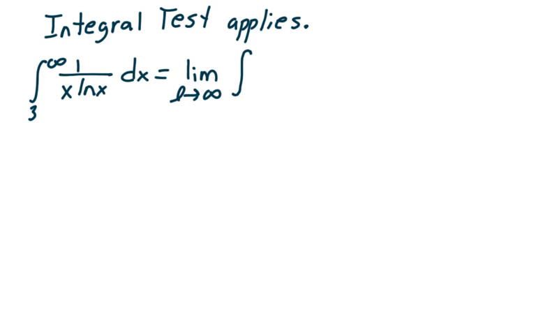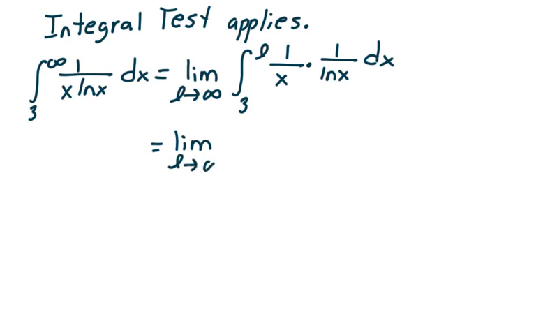So I'm going to look at the limit as L goes to infinity of the integral from 3 to L of 1 over x times 1 over natural log of x dx. But this is the limit as L goes to infinity of... Now remember, this is u, right? The natural log of x.